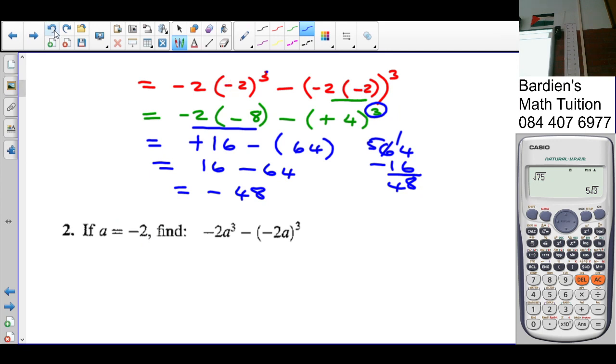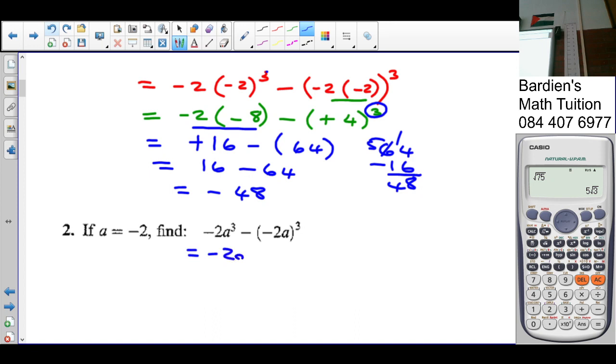Okay, say we do the substitution afterwards. Let's simplify. She says that these two are the same. Before we can add or subtract like terms, I must simplify that thing. So I'm going to apply the rules of exponents.